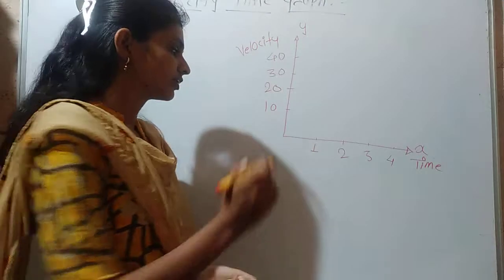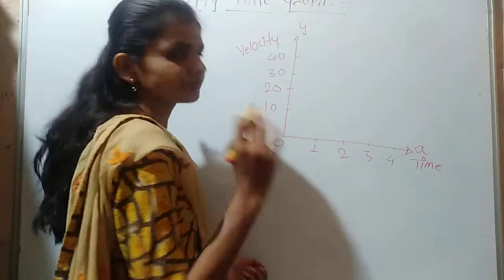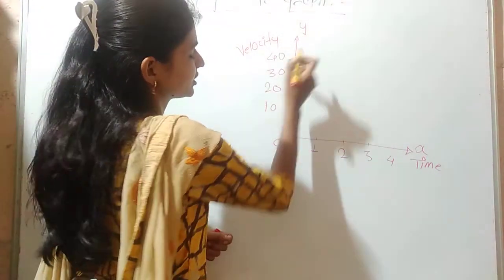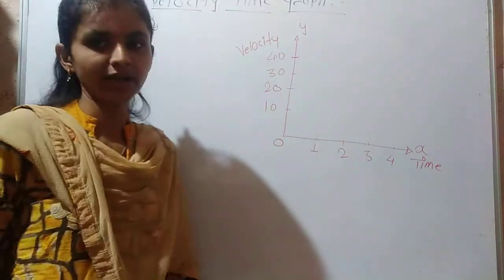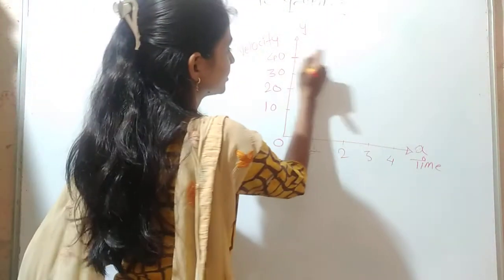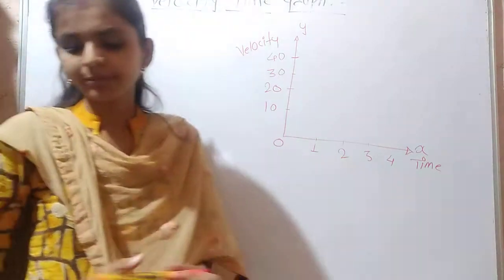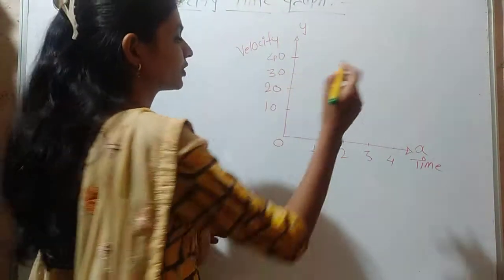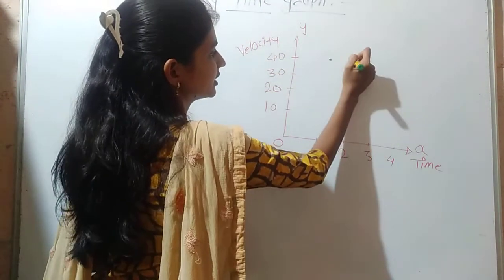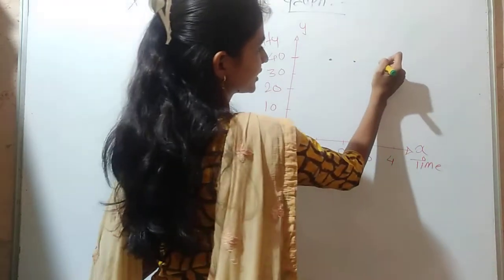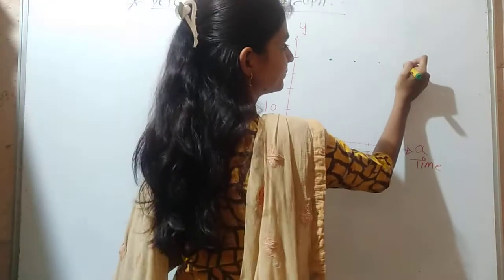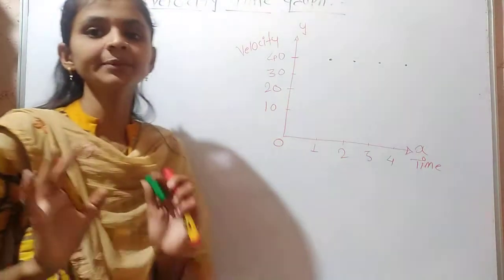Let us take the 0 position. At 0 the velocity is 40 km per hour. After 1 second the velocity is the same, 40 km per hour. For the next 2 seconds it is 40 km per hour. For the next 3 seconds it is the same, and at 4 seconds again it is the same.